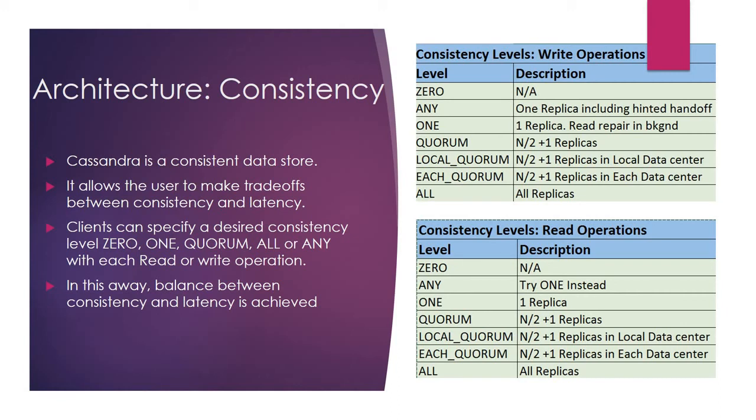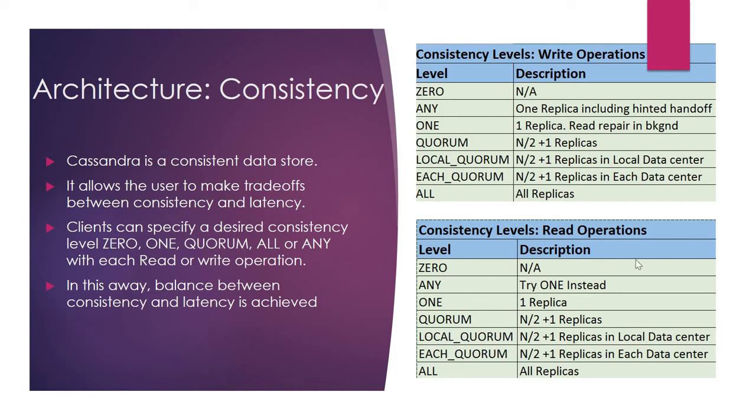Local quorum means that we need n/2 plus 1 replicas in the local data center, and each quorum means that we need n/2 plus 1 replicas in each data center. A consistency level of all means we need all the replicas available, so it can be taken as n, the replication factor.